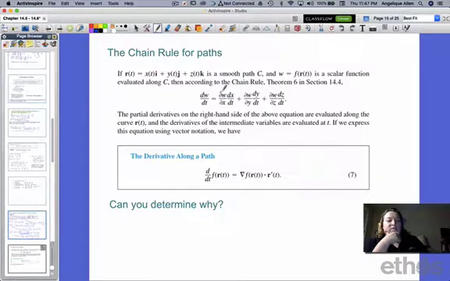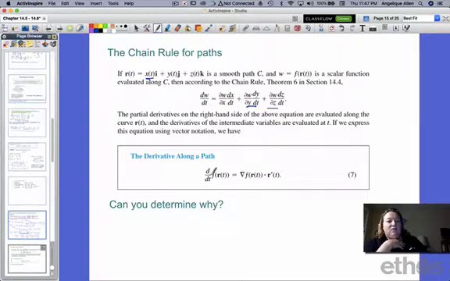So we'll do the derivative of our w function times the derivative of our x function, which is just the i component. Same story for the j component and the k component. And this is an application of the chain rule to a vector valued function, and we have a nice little way to abbreviate it down here, so we don't always have to write out this expression.